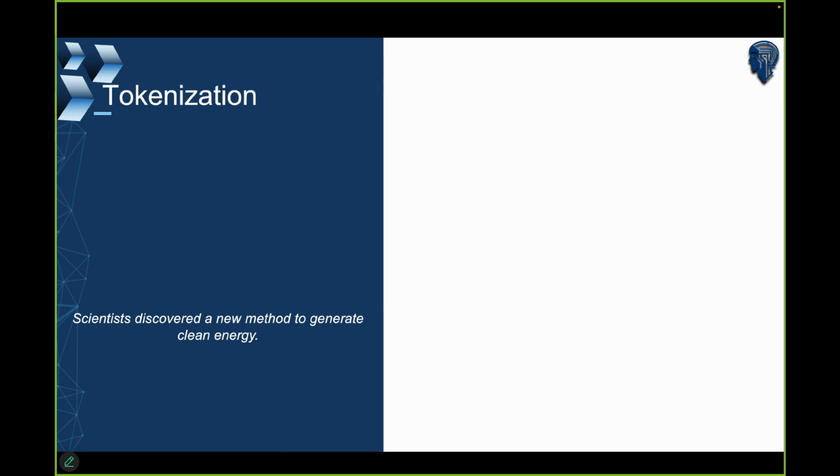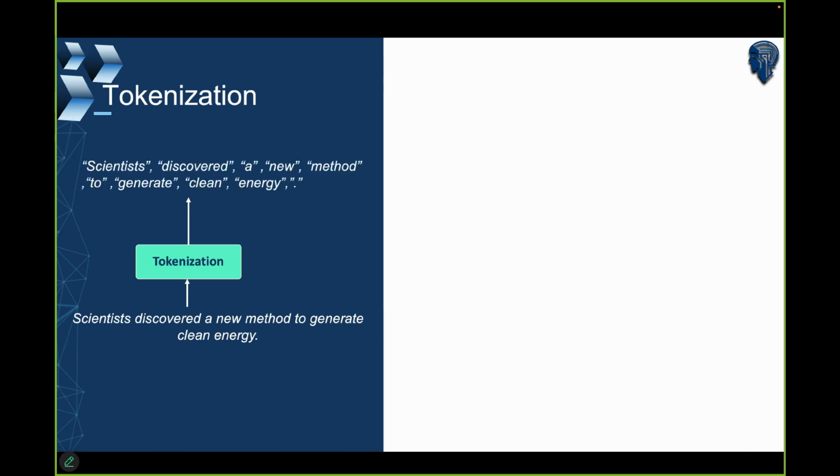Scientists discovered a new method to generate clean energy. It will first be tokenized. So these are individual tokens created from the text. Scientists, discovered, a, new, method, to, generate, clean, energy, full stop. This is the first step, and this is what we are going to implement today.